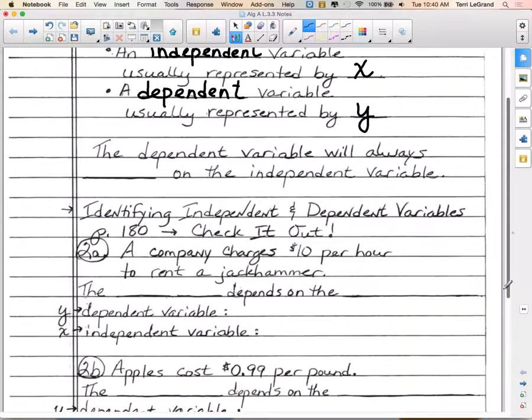And the dependent variable will always depend, part of the word, on the independent variable.